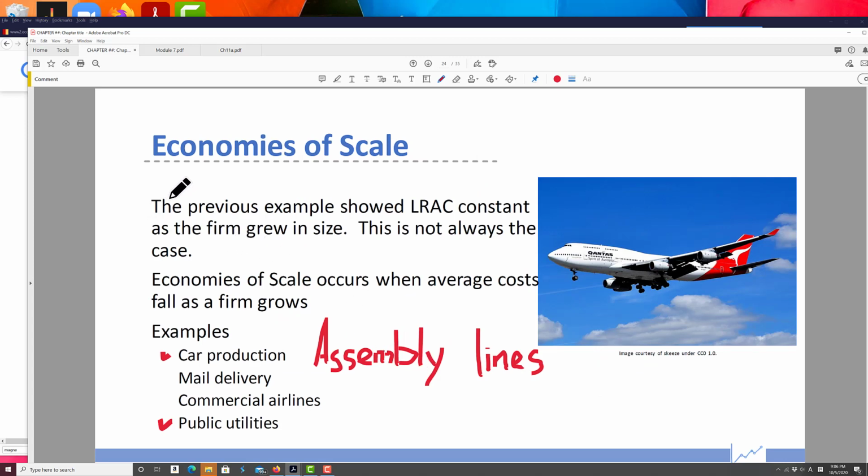We say that there are economies of scale when output increases. That does not always happen, but sometimes large scale reduces the production costs. A good example would be automobile production in the United States, which began with Henry Ford's Model T production about 100 years ago.